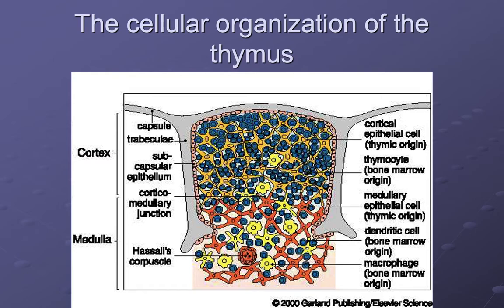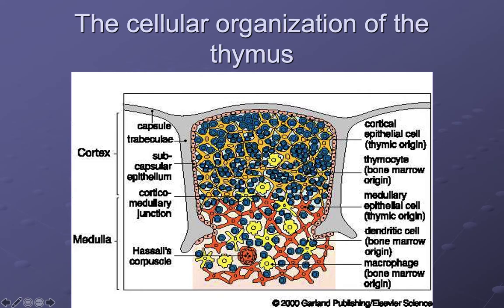In terms of staining, the medulla is paler compared to the cortex and subcortex. It's less densely populated by cells. The majority of what we can see in the medulla are mature T cells.